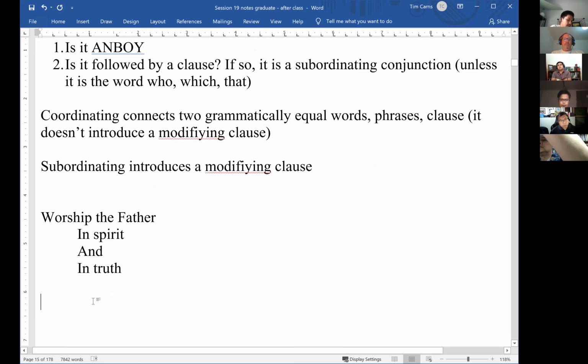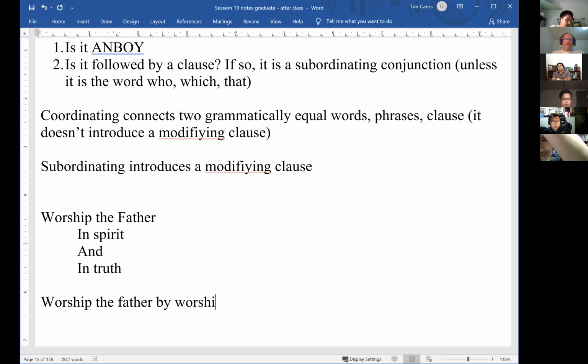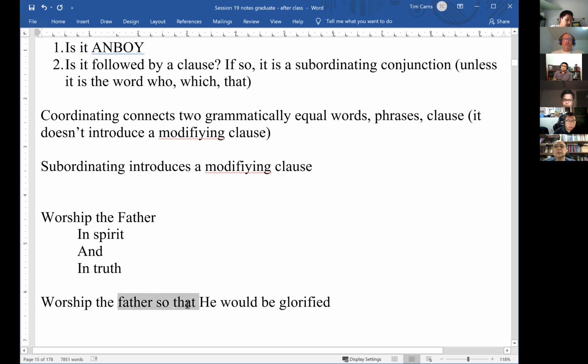But if you have another one that says, worship the Father so that he would be glorified. In this case, the conjunction is the so that here, and it's introducing a dependent clause.